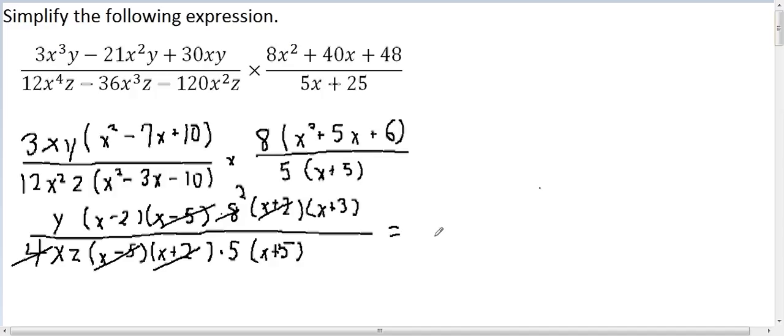So we'll just go ahead and write what's left. We usually write the number first, so I'll go ahead and write 2, then the y, and we have x plus 3 left. And in the denominator, we have the number 5, x, z, and x plus 5 left.